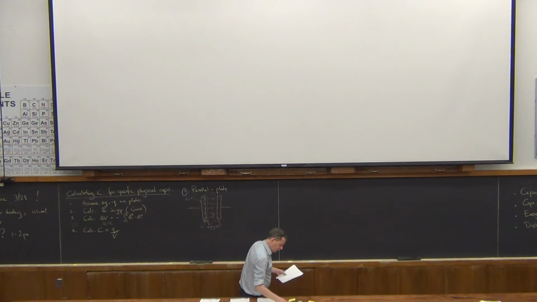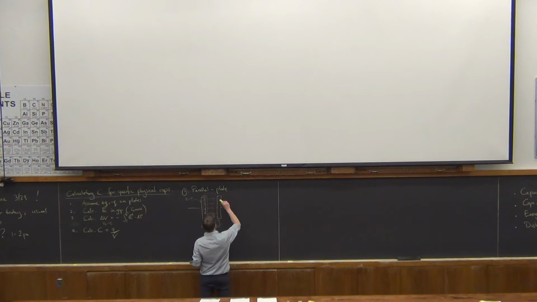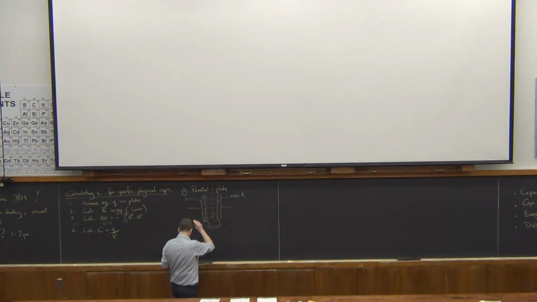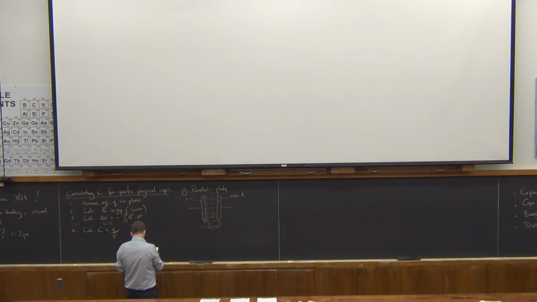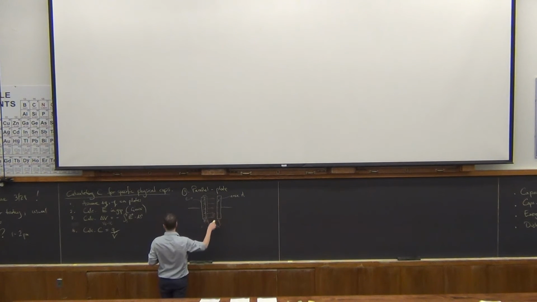Let's see what else I need on here. I'm going to say that the area of these plates is just A, doesn't matter what the shape is, let's just keep it as A. So there's step 1, putting the charge, plus Q, minus Q on the plates, calculating the electric field in the gap.